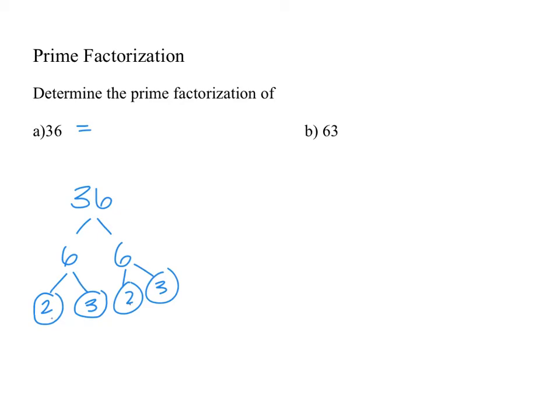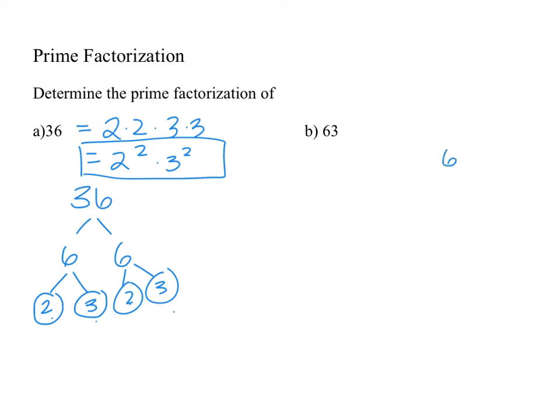I have 1, 2, 2. So that's going to be 2 times 2 times 3 times 3. And I know 2 times 2 is just 2 squared, times 3 squared. So that's really the prime factorization. Just break it down to a product of prime numbers.